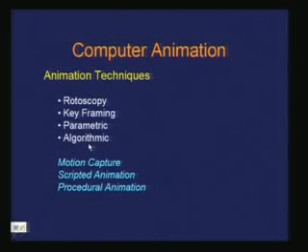And there are also methods which are algorithmic, which more or less attempt to simulate the process being governed by a physical law or certain heuristics you have in mind. Okay, so it's an algorithmic animation.